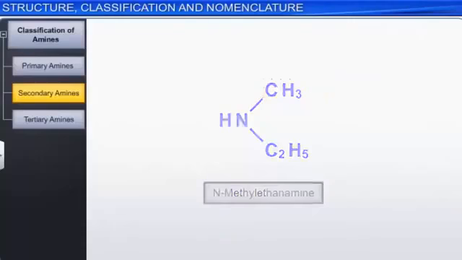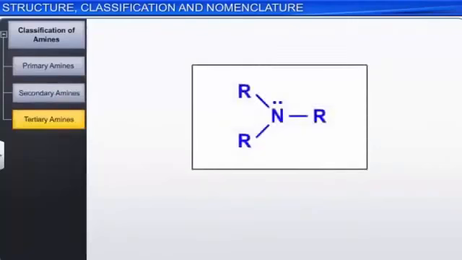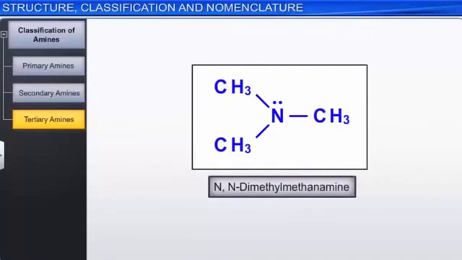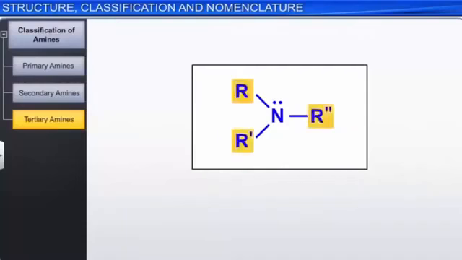In tertiary amines, if all the alkyl groups are the same, then two alkyl groups are treated as side chains and one is named alkanamine. Thus, the following tertiary amine is named N-dimethylmethanamine. If all the three alkyl groups in tertiary amines are different, then the alkyl group with the more number of carbon atoms is treated as the principal chain and is named as alkanamine.